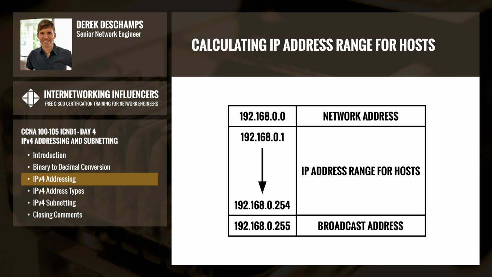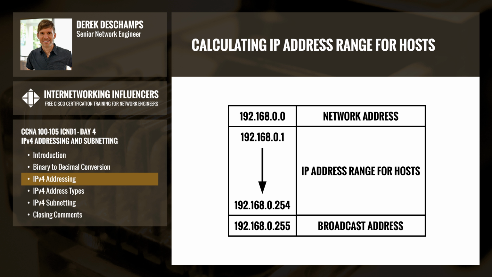As I mentioned, the network address is always the first address on a network, and the broadcast address is always the last address on a network. This means that if we know the network address and the broadcast address, we can then determine the IP address range that is available to use for hosts on that network.